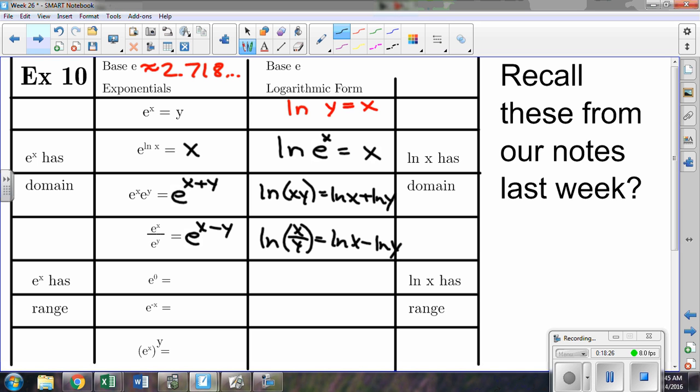Earlier we had 10 to the 0 power. Well, what's anything to the 0 power? 1. And so, in order to write this in a logarithmic format, we would say the natural log of 1 equals 0.